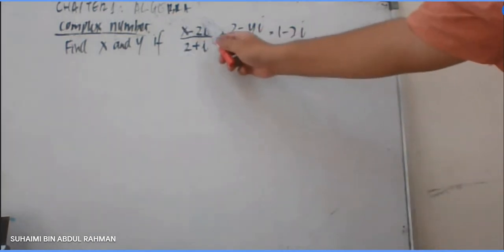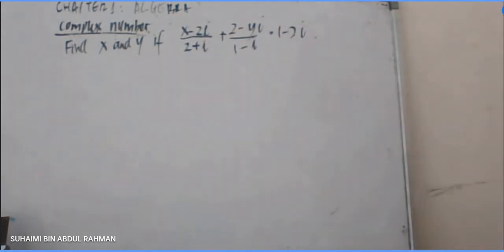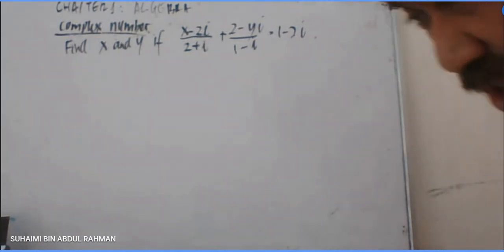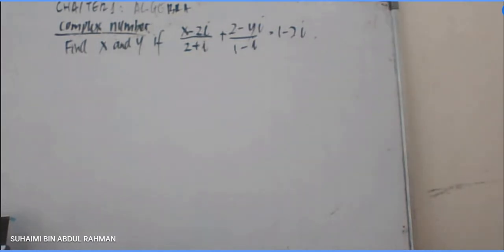First, multiply by the conjugate, because we don't want our denominator to consist of i.